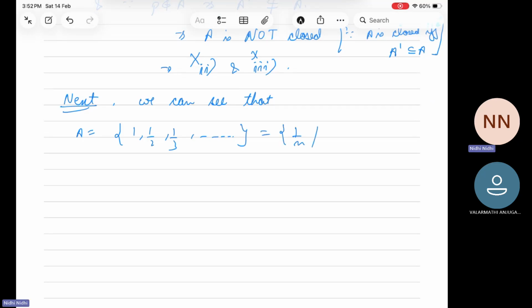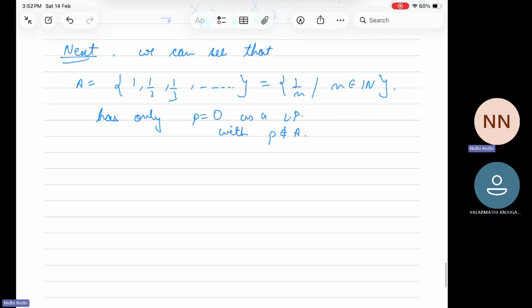This is 1 by n, n belonging to N, has only p equal to 0 as a limit point, with clearly p not belonging to A. That means the set A satisfies all the conditions of the given problem, and this A is not open.